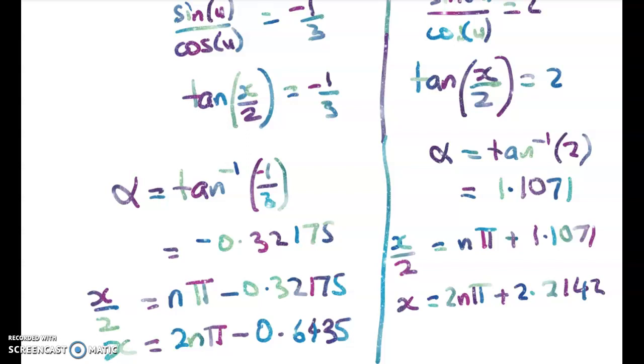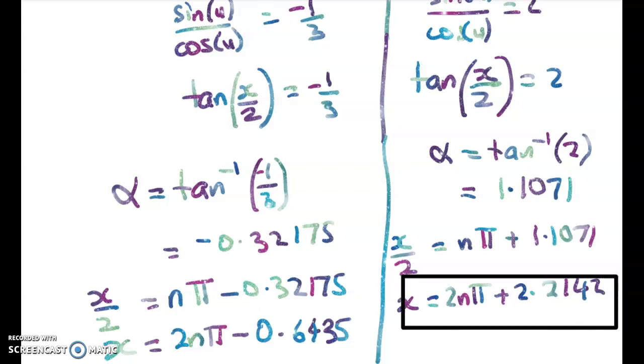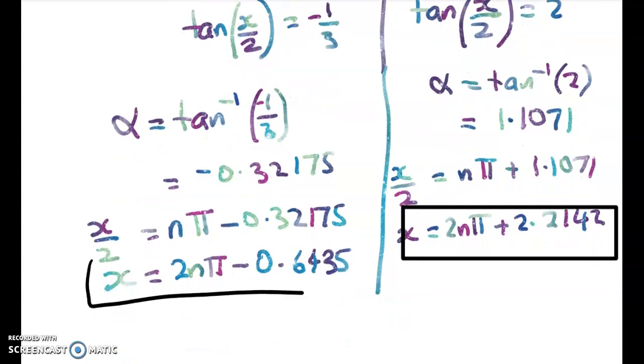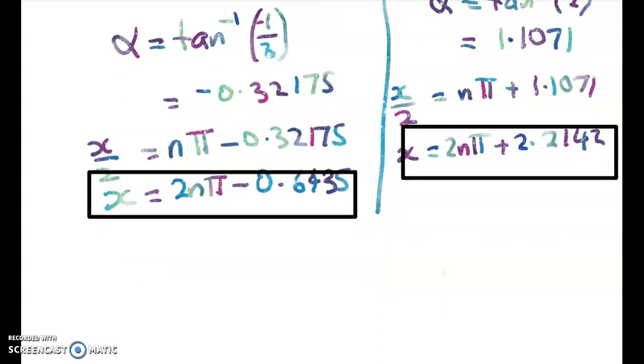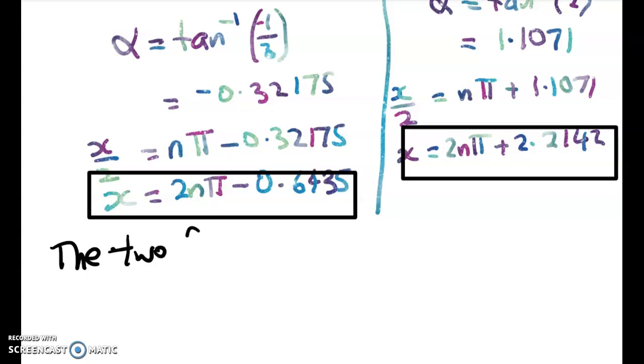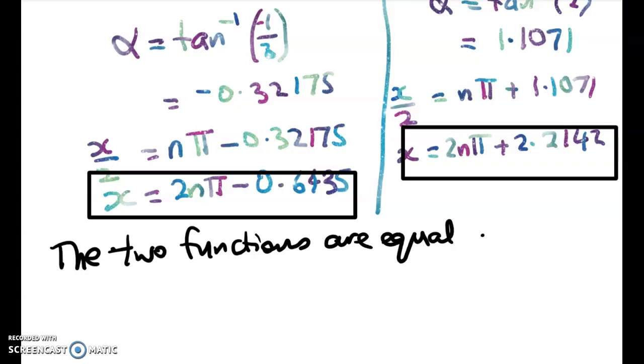Right, so we've found two general solutions, and these are all the possible values, right? So the two functions are equal at these x values.